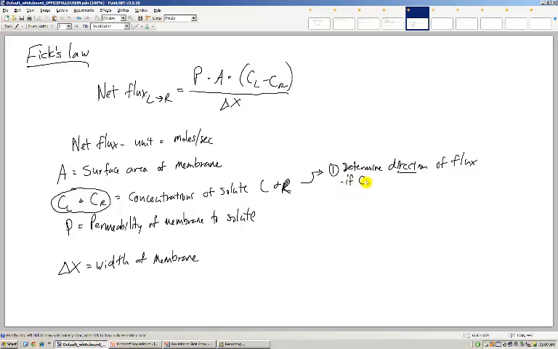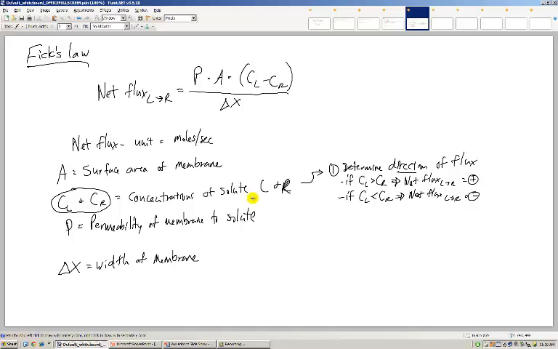If concentration on the left is greater than concentration on the right, then net flux left to right is positive, whereas if concentration on the left is less than concentration on the right, net flux left to right is negative, meaning there's more flux from right to left. And this is just that old story. Things move from high concentration to low concentration, but here you can see it in the equation. The sign of this factor, Cl minus Cr, determines the sign of the flux.